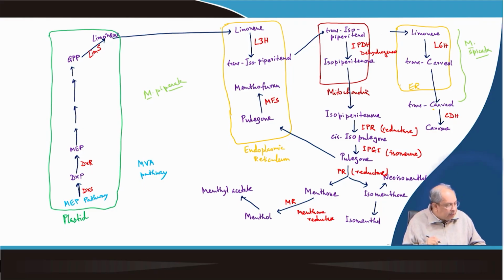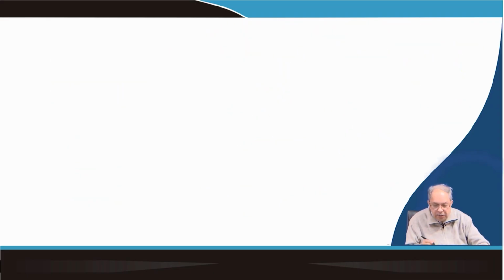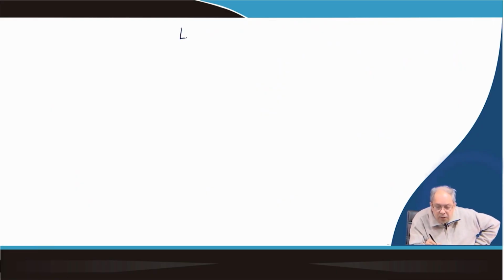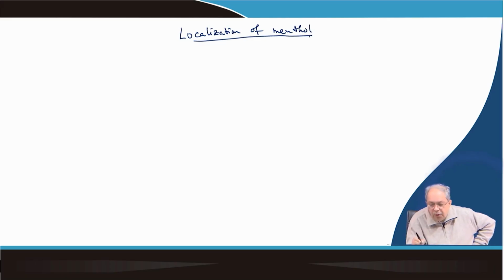Now what we will see? We will see the regulation of the pathway and where we will find the menthol in the plant. So, next slide. This is the localization of the menthol.